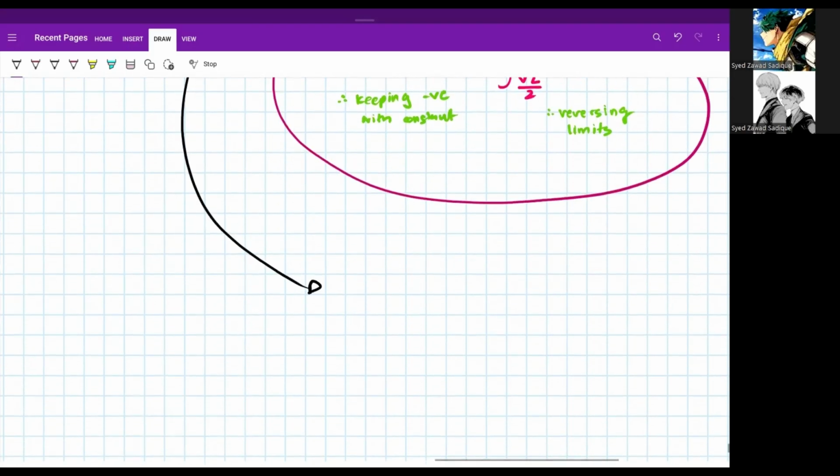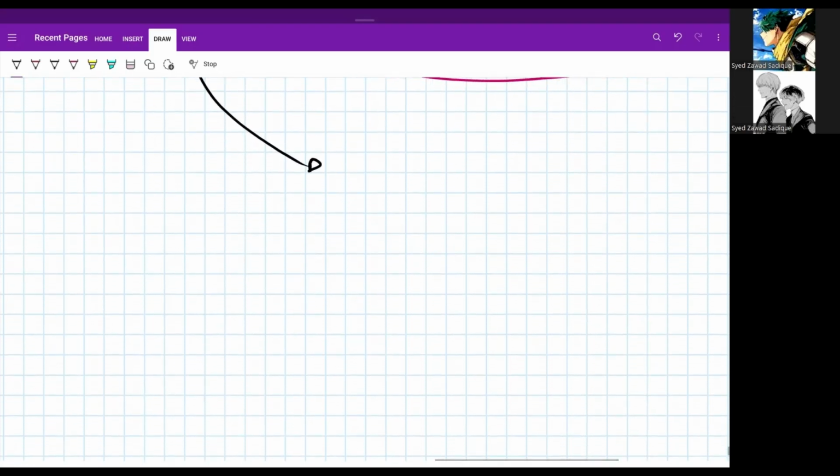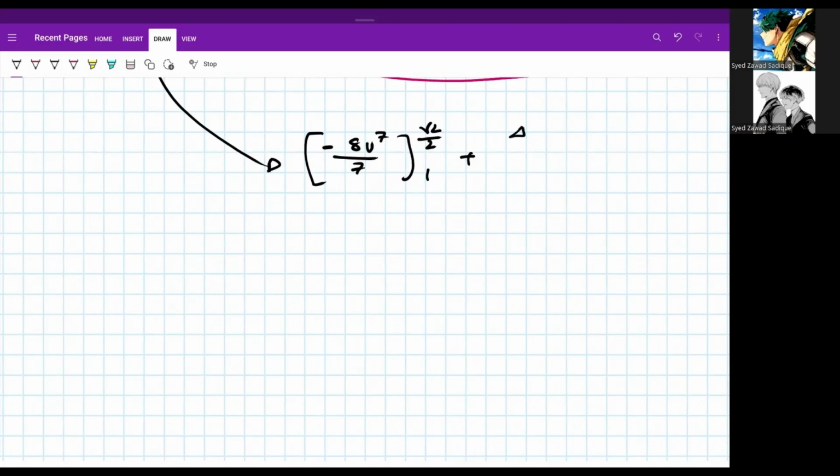All right. So we get minus 8 u to the power 7 by 7 for the limits root 2 by 2 to 1, plus 4 u to the power 5 by 5 for the limits root 2 by 2 to 1.